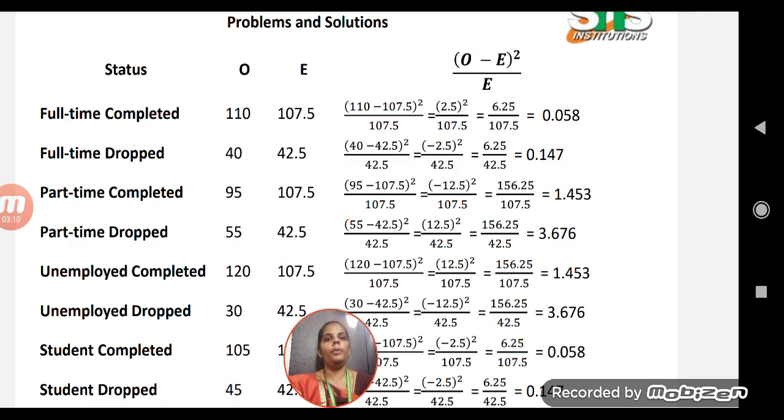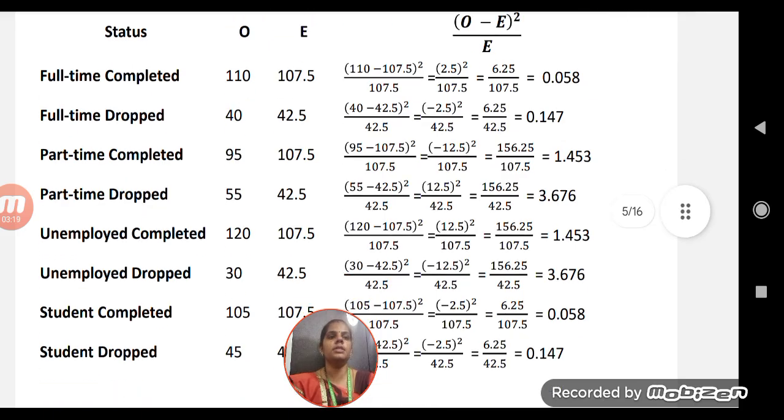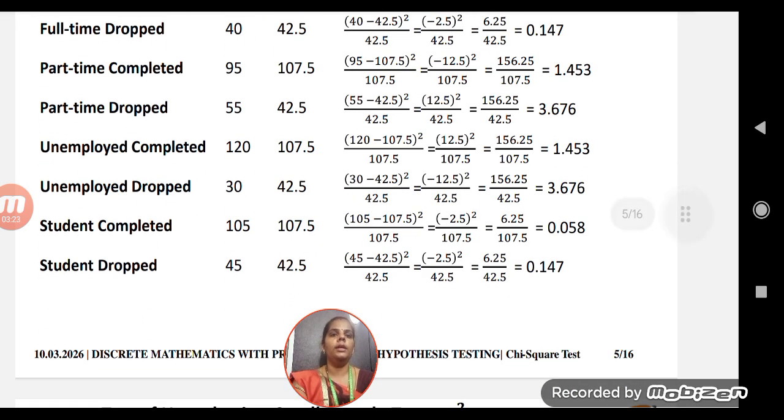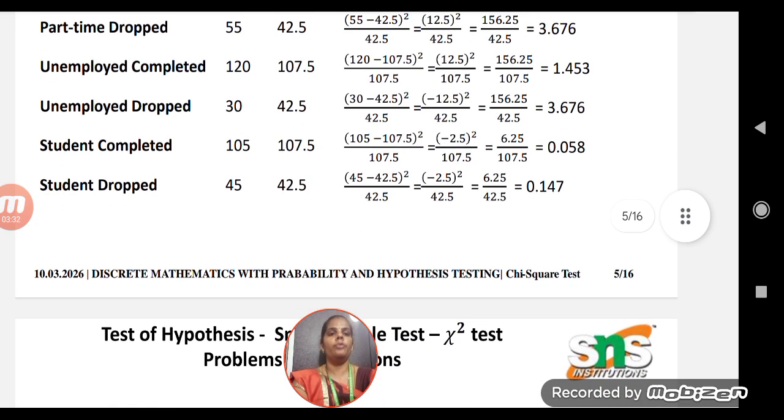For full-time dropped out, we get 0.147. For part-time completed it is 1.453, part-time dropped is 3.676, unemployed completed is 1.453, unemployed dropped is 3.676, student completed is 0.058 and student dropped is 0.147.